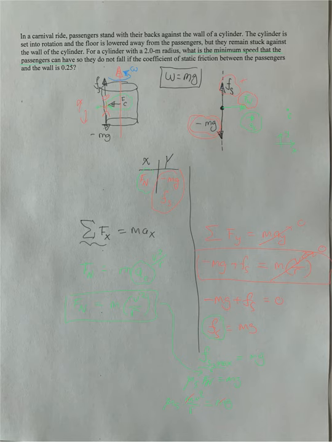And we will be left with mu s times v squared divided by r is equal to g. We can multiply both sides by r, so that will cancel here. So we're left with mu s times v squared is equal to g times r.